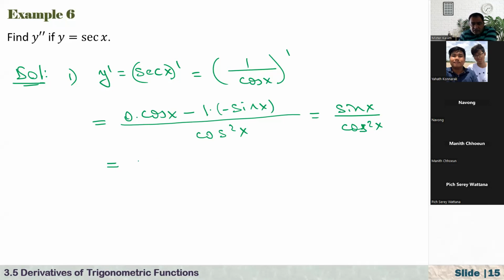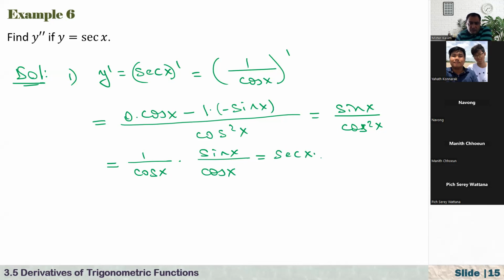That's equal to tangent. Now I can rewrite this as 1 over cosine of x times sine of x over cosine of x. This is algebraic manipulation. So what is the first part? 1 over cosine of x is defined as secant of x.